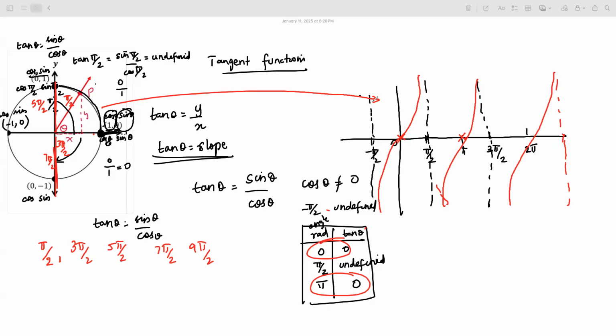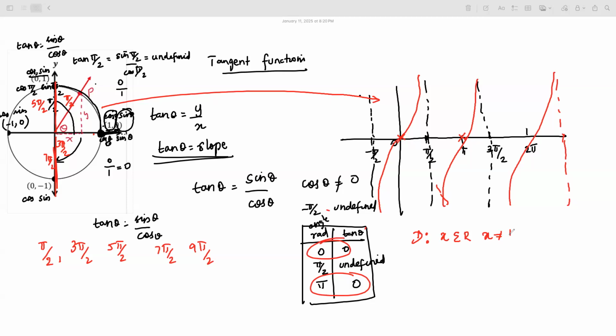Okay, let's also define the properties. This one extra thing I wanted to do: properties of a tangent curve. Let's do that. Now, can you tell me the domain of this function? Basically, x is an element of R. It goes till infinity, right? However, x is not equal to what?